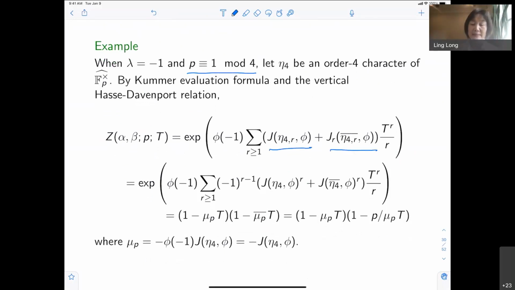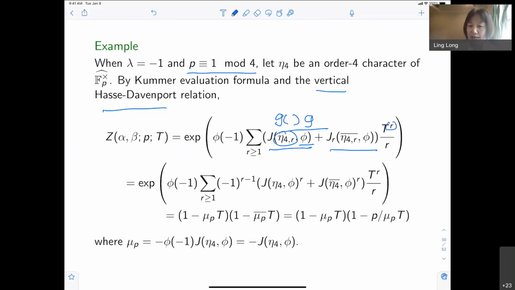They are put together from Gauss sums. Gauss sums have the vertical Hasse-Davenport relation, so you can write it in terms of the Gauss sum of this character and the Gauss sum of this character, divided by the product. They can be lifted up to finite field extensions by the Hasse-Davenport relation.